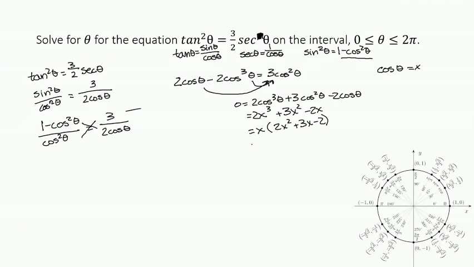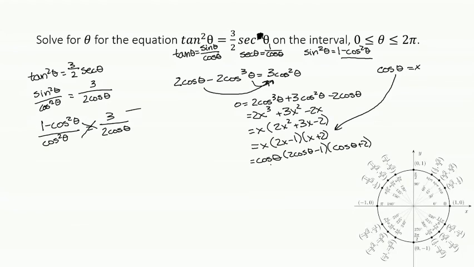And then this just factors like a quadratic, so we end up getting x times 2x minus 1 and x plus 2. And then before we go any further, we want to plug cosine of theta back in for x. So we're going to get the cosine of theta times 2 cosine theta minus 1, and then cosine of theta plus 2.